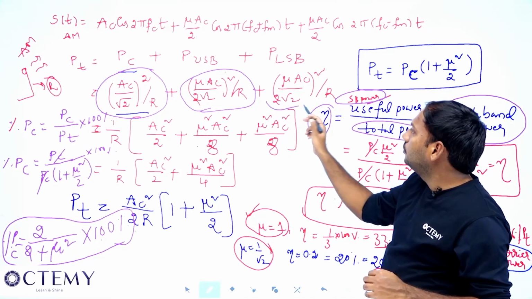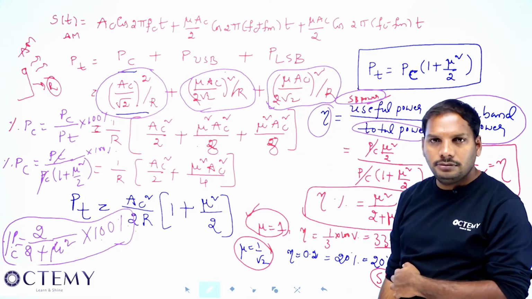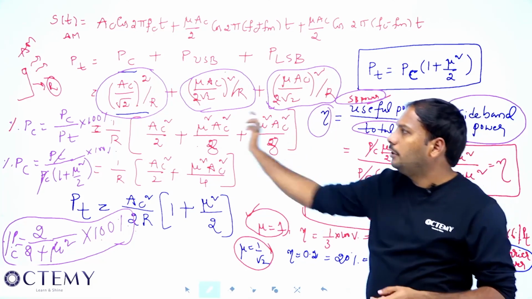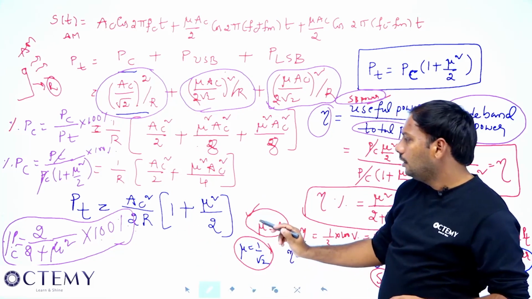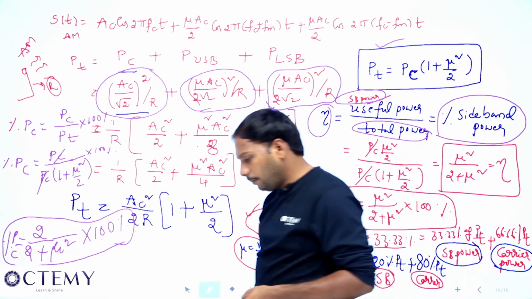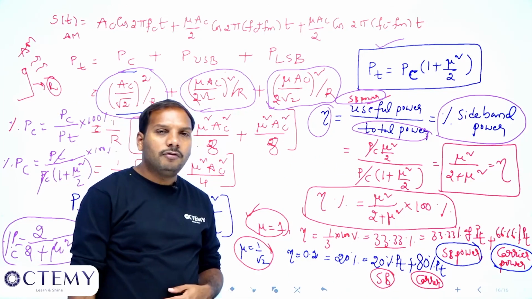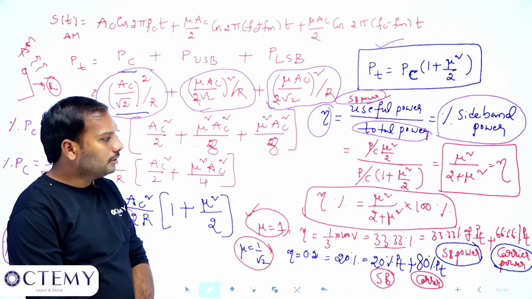So here also this is the power of the lower sideband component. If you club them together, you will get PT, the total power radiated by the AM transmitter, which is equal to PC into (1 plus mu square by 2).